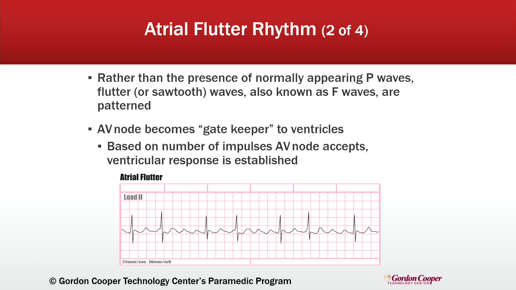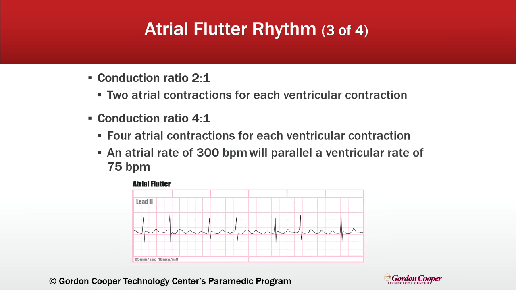For example, if the AV node lets through every other impulse, you'd see a 2-to-1 conduction ratio. So 2 F waves, or 2 flutter waves, for every 1 ventricular beat. That conduction ratio with atrial flutter refers to how many atrial impulses get through the AV node to the ventricles.